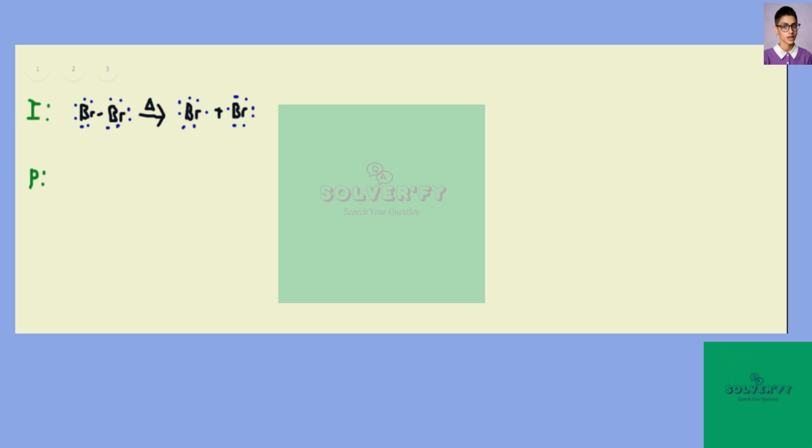Propagation is going to be two steps. First, the radical here will form a new bond.